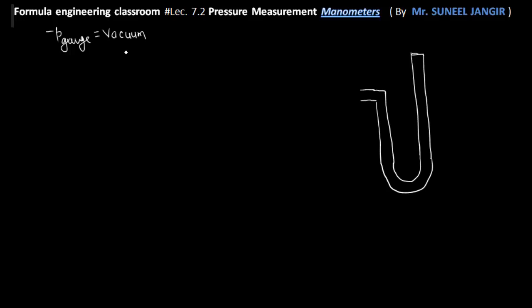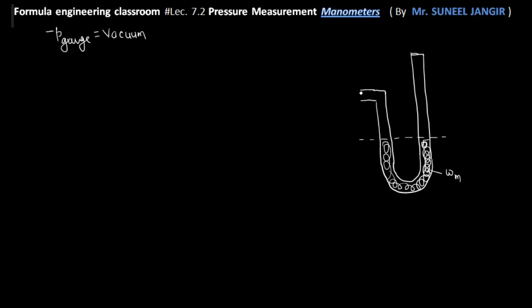Let's suppose initially this is our U-tube manometer, and there is some manometric fluid filled in this, and here is the level of that manometric fluid on both sides. Both the limbs are open to atmosphere, so the level of the manometric fluid in both limbs is the same. Let the specific weight of this be Wm.